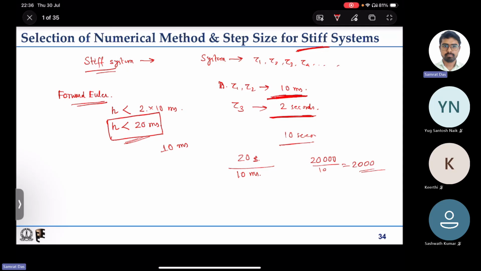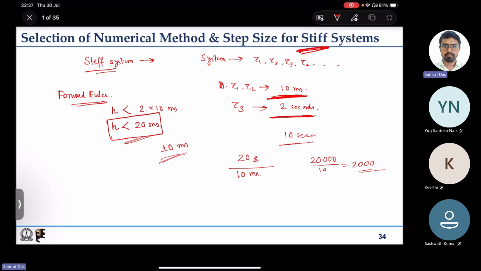But for the majority part of that, this smaller time constant will not matter much. So for such systems, for stiff systems, if you use a forward Euler method, then unnecessarily you will be using too much computation, but it will not help much.